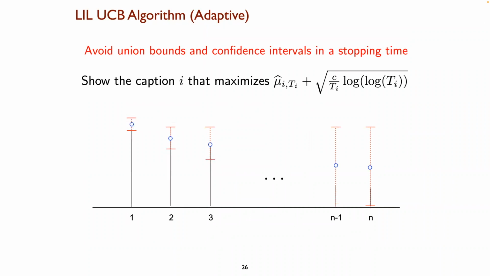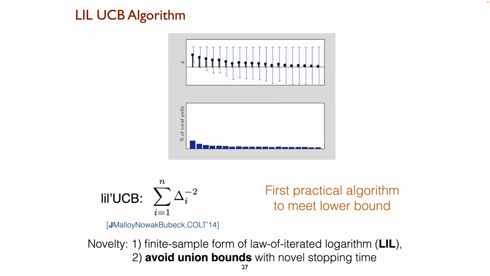You can show that eventually, if you do this procedure, there's some stopping time in the future at which the best caption will poke its head above all the other ones. You can eventually show that that stopping time is just the sum of the inverse gap squared, without the log n. That's the theoretical story.